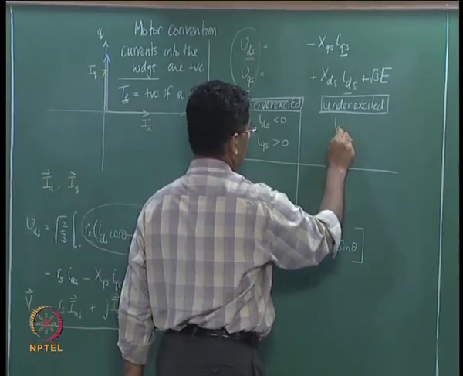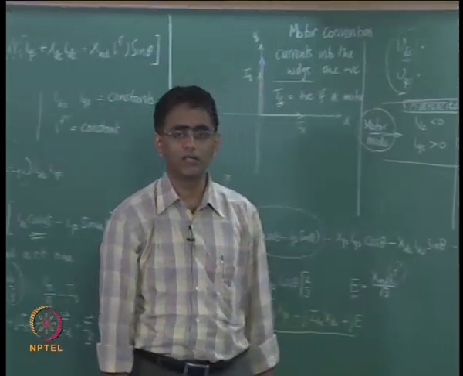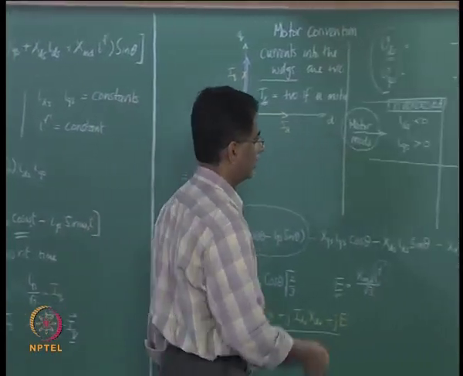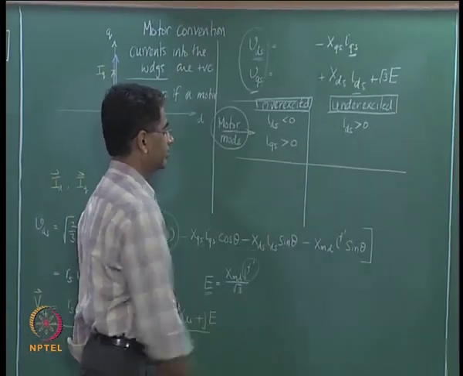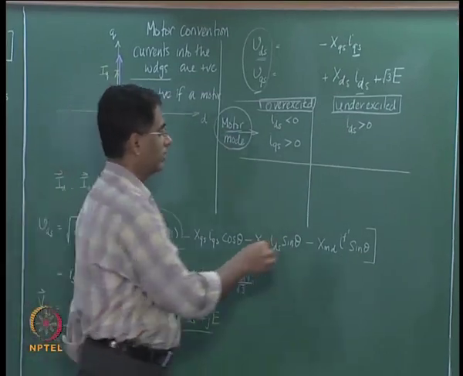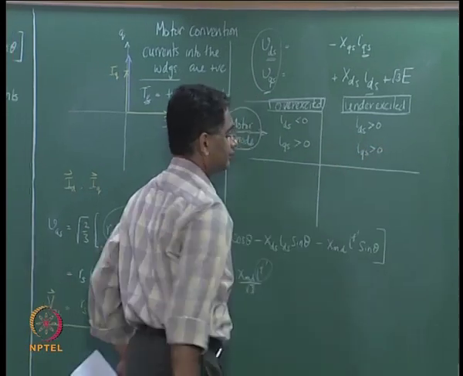So IDS greater than 0 is the case for an under excited synchronous motor, and you want to look at it as a synchronous motor. So IQS is greater than 0.